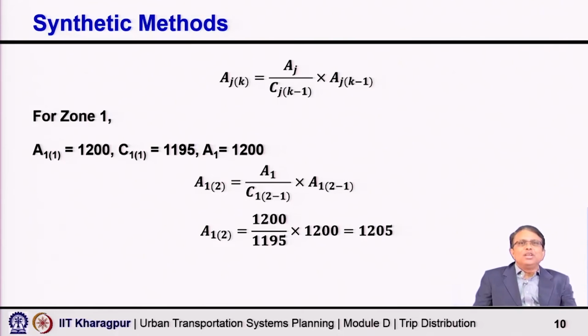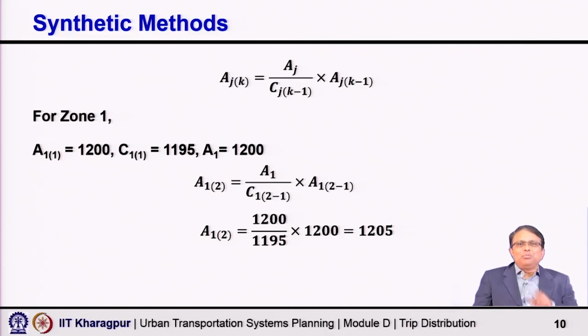That means, you want to get 1200. When you target to get 1200, you got actually 1195. So, what I have to do? Maybe I have to target little higher.